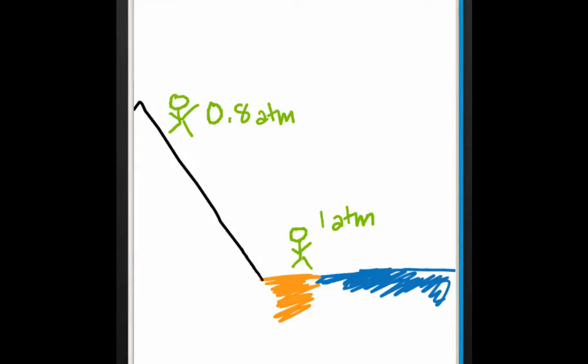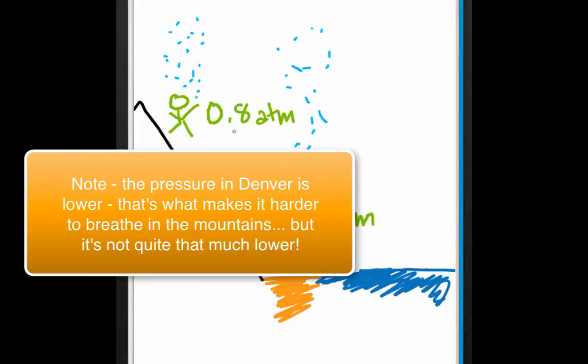If you're on the ocean, you have the whole atmosphere above you, all of those gas particles pushing down on you, all the way up to space. So it's a lot of pressure. If you're in Denver, you're a little bit higher up. So there's less weight of the atmosphere pushing down on you, and the pressure is much lower.